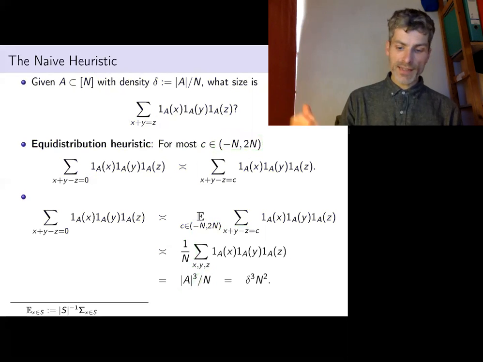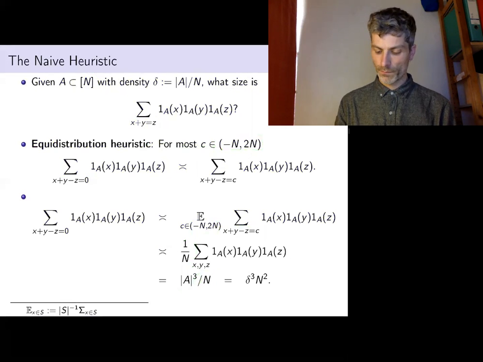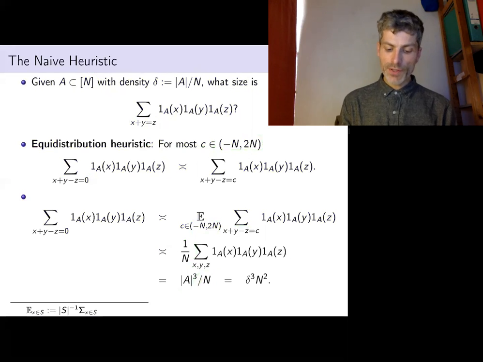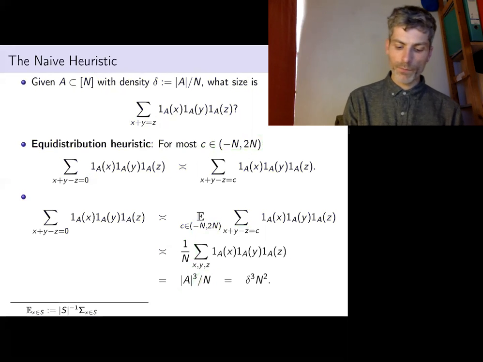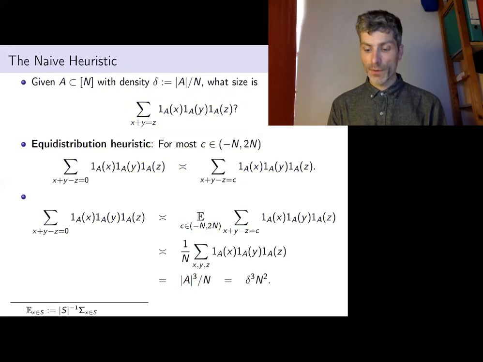And if you're interested in densities, you could write this as delta cubed times N squared. So the naive heuristic predicts that the order of magnitude of this number should scale quadratically with the length of the interval, N squared, and it should scale cubically with the density of the set.